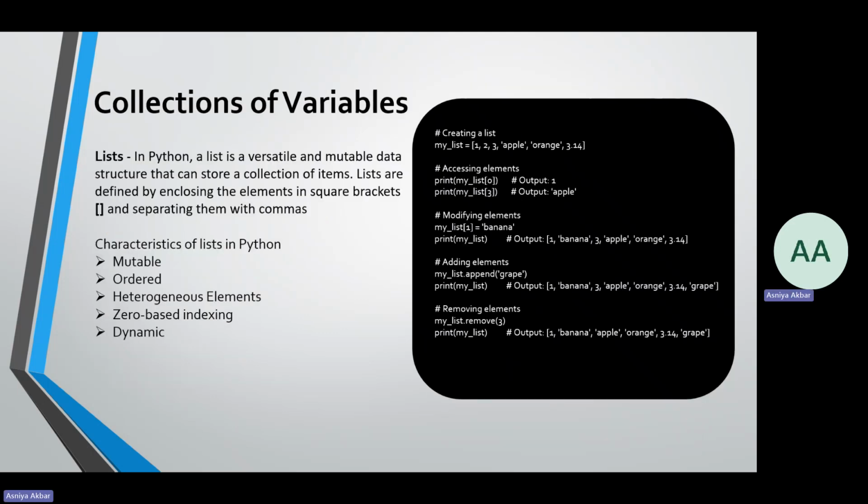Next up, we have a list. Everyone, a list is a built-in data type that represents an ordered collection of items, and each item in a list is identified by an index, and the items can be of different data types. Now, first, let's understand the code given here so you can understand better about a list.